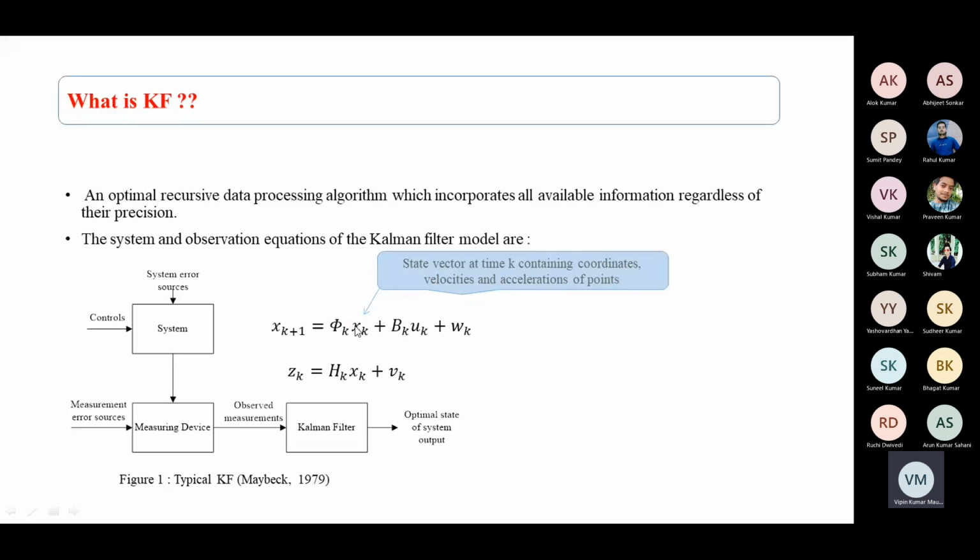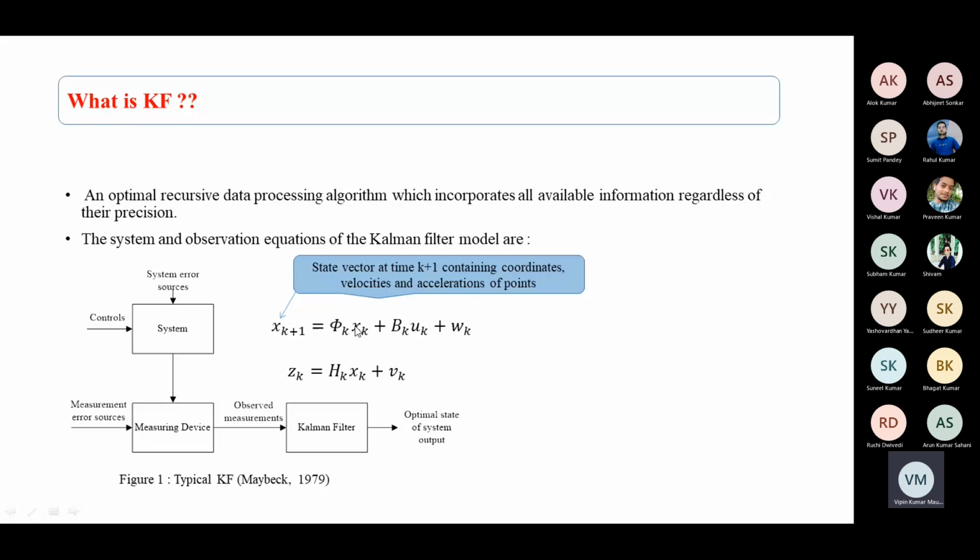If you look at the uk, it is the control input of the system. It will be deterministic. If you look at the wk, it is a term which is added as the system noise. And what will be the xk plus 1? Xk was the state vector at time k, and xk plus 1 will be the state vector at time k plus 1. Means we are talking about the next step.